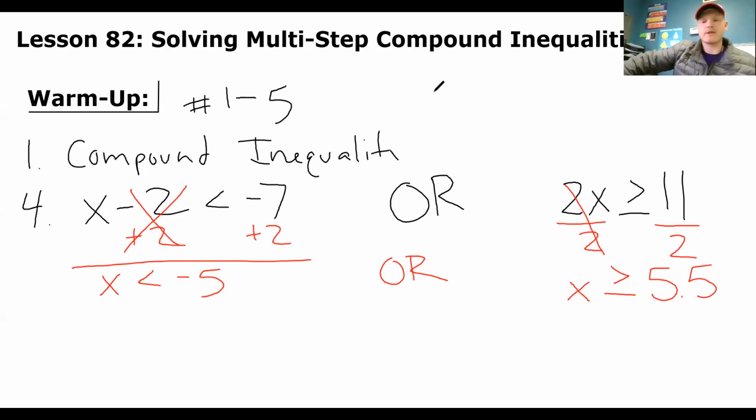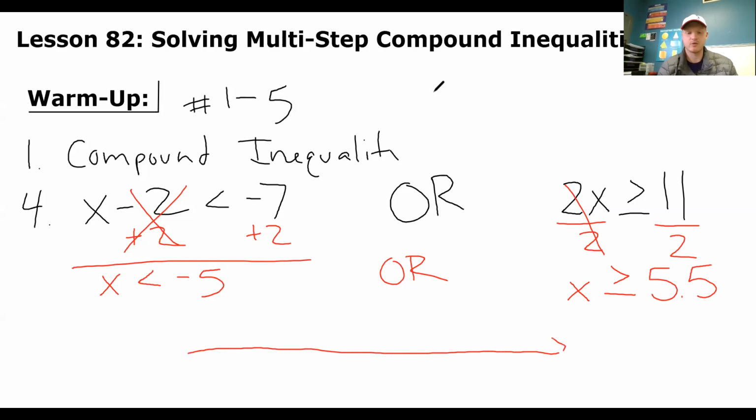And if I wanted to draw this out on my little graph line here, I'll show you that real quick. So I would have a negative 5 down on this end, a bunch of dashes, negative 4, 3, 2, 1. Here's my 0. And then 1, 2, 3, 4, 5, 6.